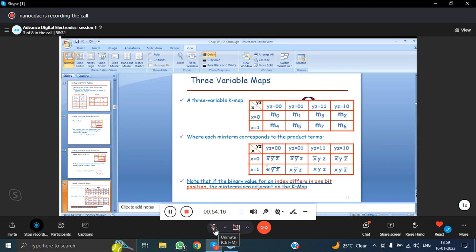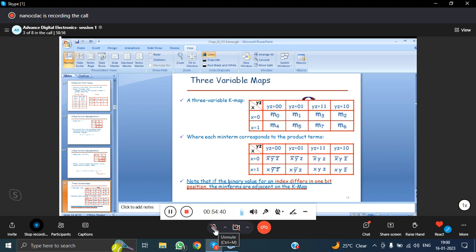In this block x is equal to 1, so in all these 4 blocks you will get x only. Corresponding y bar z yz values you have to take: y bar z bar x, y bar z x, y z x, y z bar x.